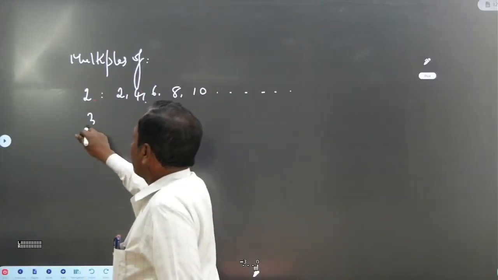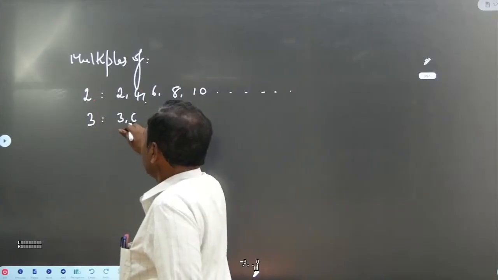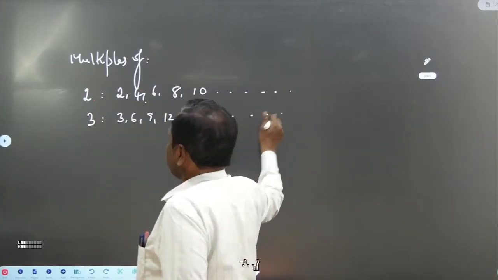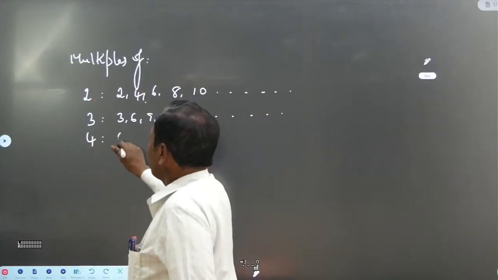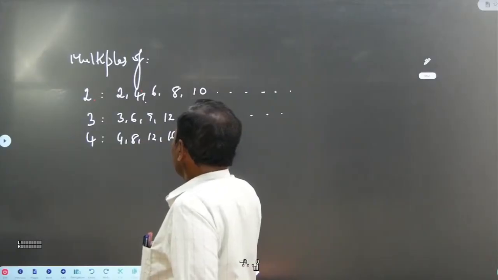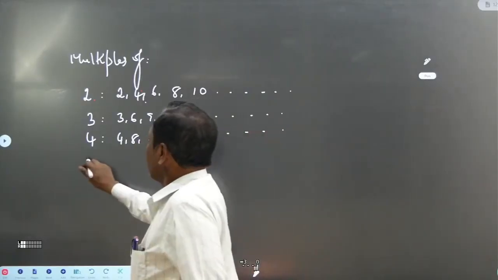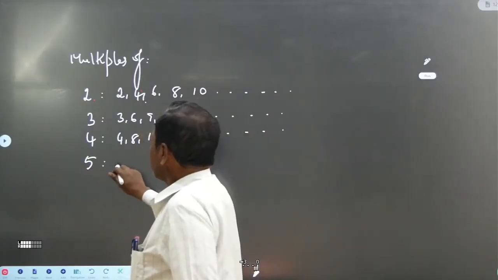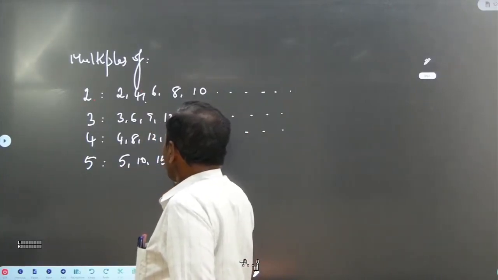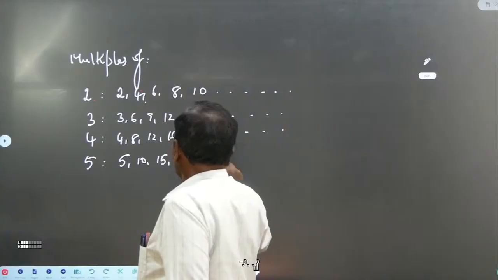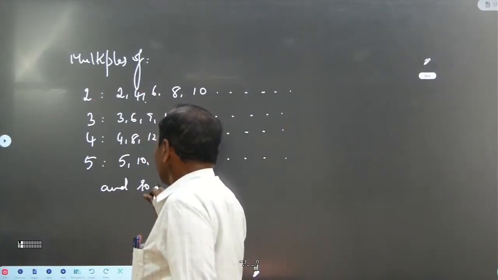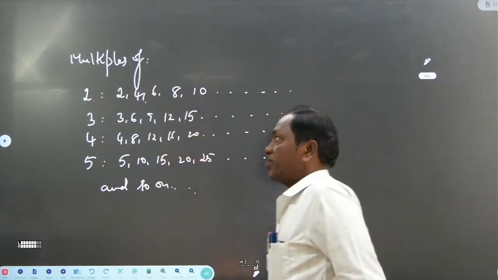Multiples of 3: 3, 6, 9, 12, 15. Multiples of 4: 4, 8, 12, 16, 20 and so on. Multiples of 5: 5, 10, 15, 20, 25 and so on. This is multiples of numbers.